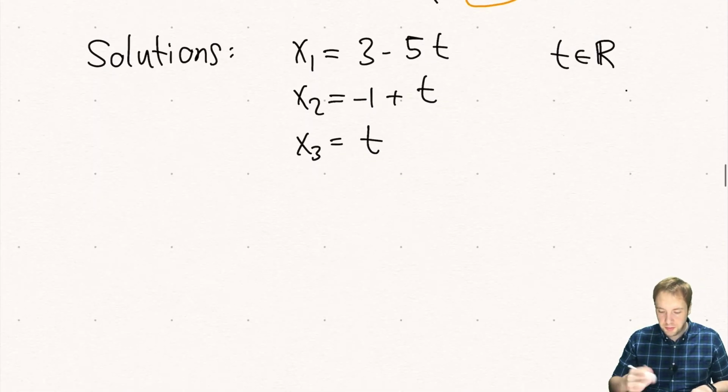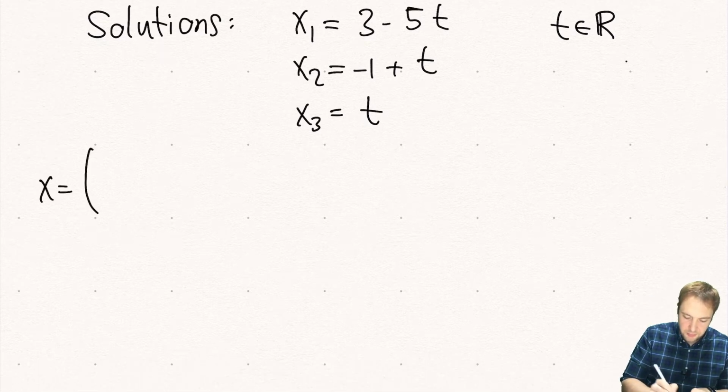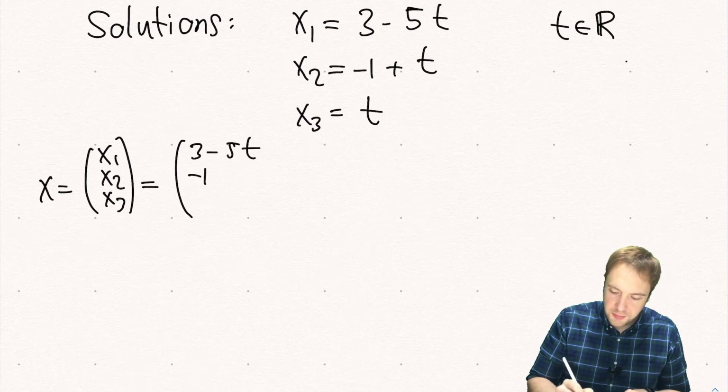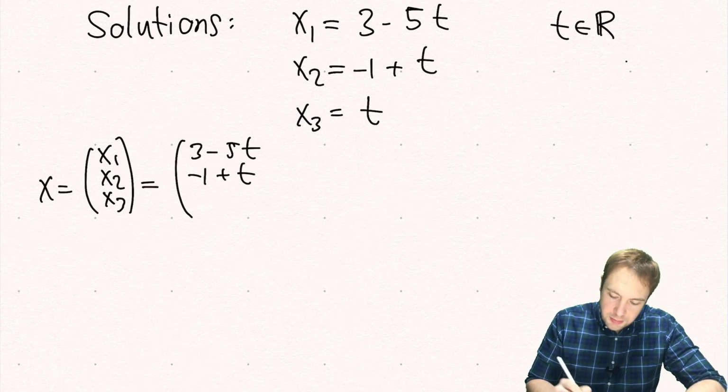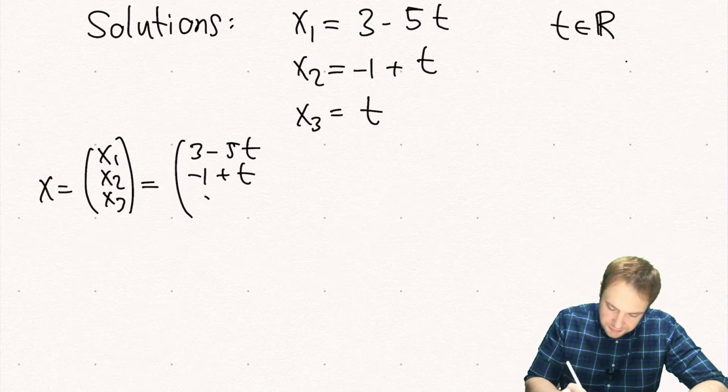Using this vector description, recall our vector x was given by this. The first entry is 3 minus 5t. The second entry is minus 1 plus t. And the last one is 0 plus t.